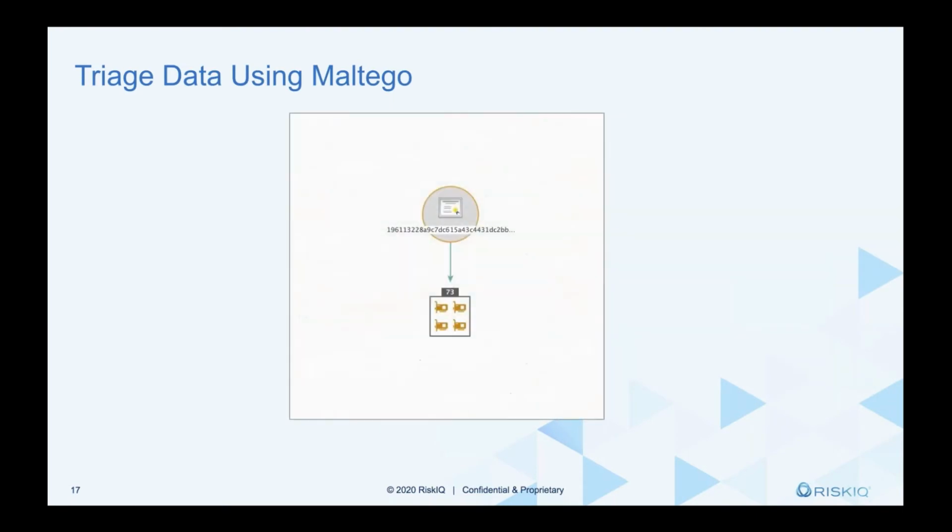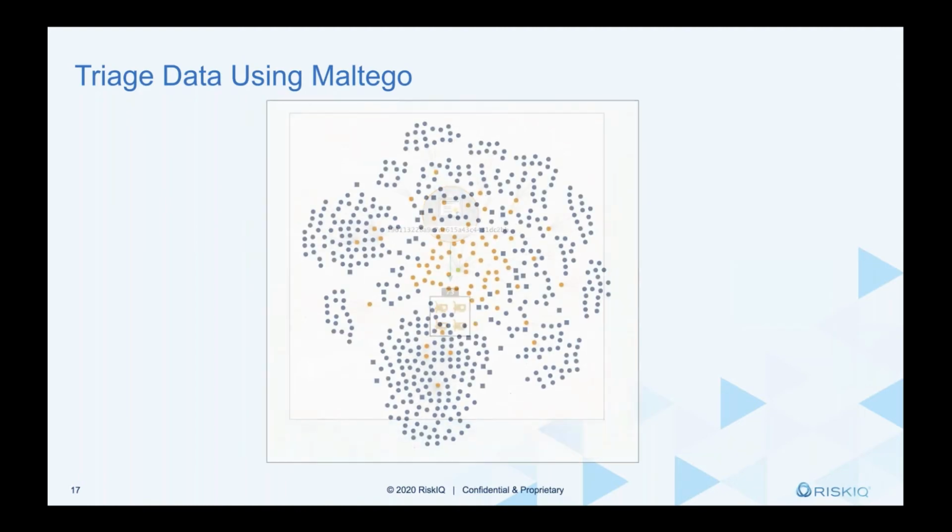And so, triaging the data in Maltego, normally I would run a live demonstration, but for the sake of getting everything squared away in the slides, we're going to do it here. But these are all screenshots from Maltego. We start with the SSL certificate, and we run a transform to get all the IP addresses associated with it. From there, we build out all of the passive DNS that's associated with those IPs.